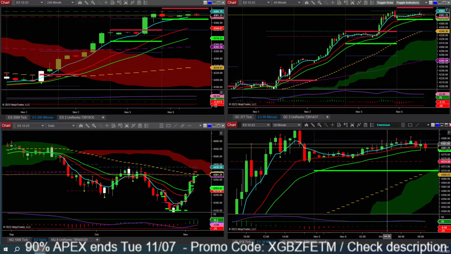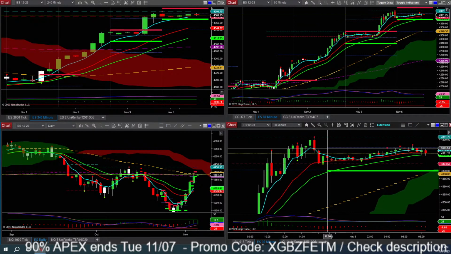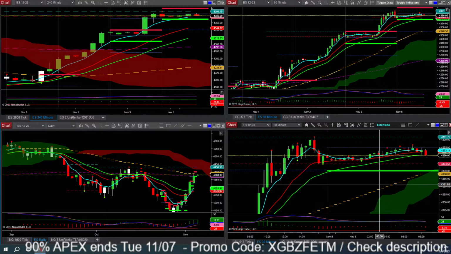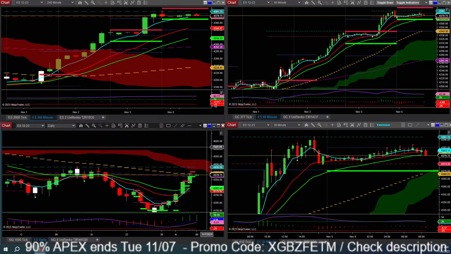You know, it's moving in a range, and the range is formed of these two big candles that you see here. So you have one there and another one down here, and then price is moving in between these two big candles. So I would say that it's in a consolidation or compression area.